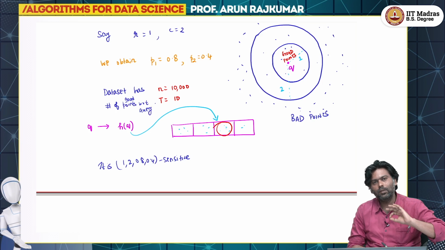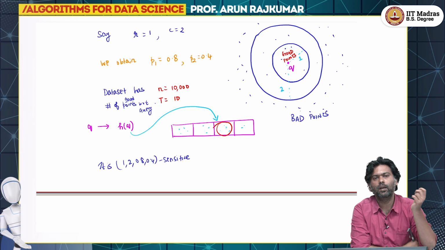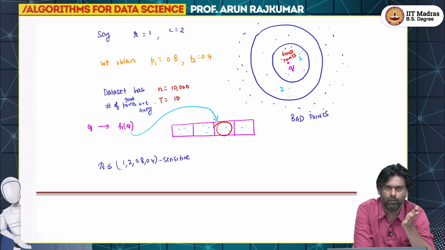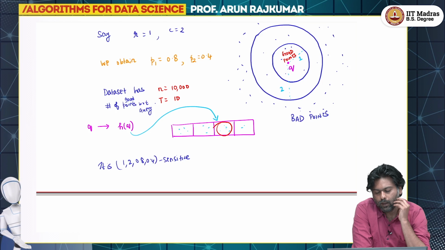So roughly you are expecting 10 points to be in the vicinity of a query point. In an ideal world, one of these 10 points is your nearest neighbor, which means that if you can just compute distance to these 10 points, then you're done. You have found the nearest neighbor. That's the ideal way to go about this.